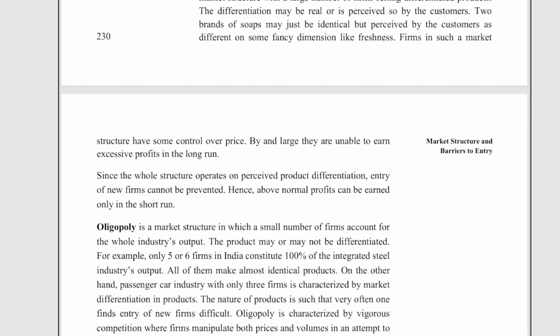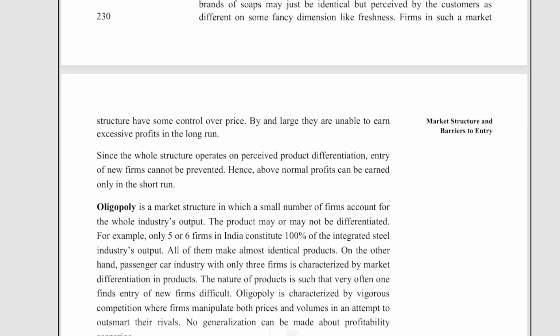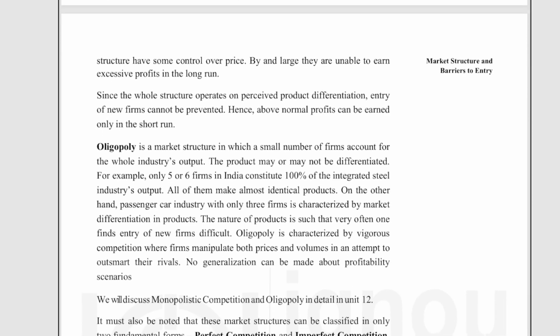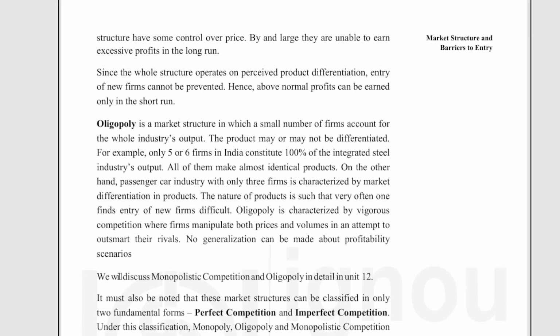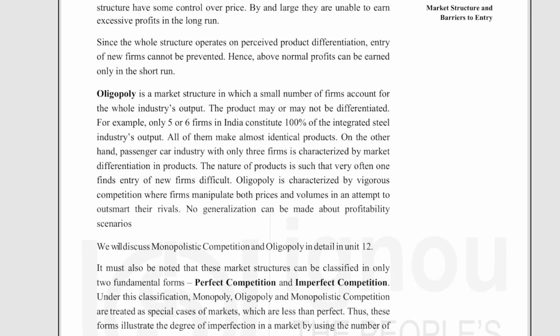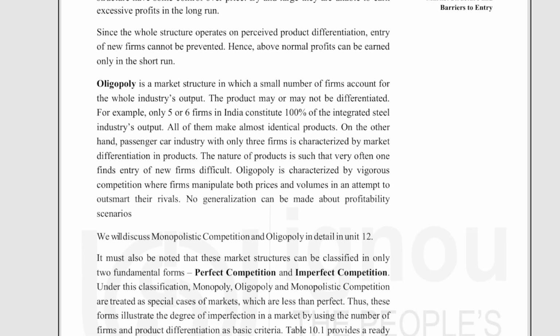So firms in such a market structure have some control over price. By and large, they are unable to earn excessive profit in the long run. Since the whole structure operates on perceived product differentiation, entry of new firms cannot be prevented, hence above normal profit can be earned only in the short run.